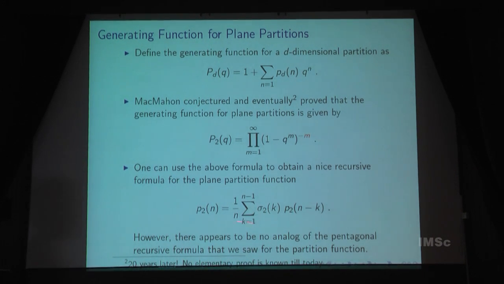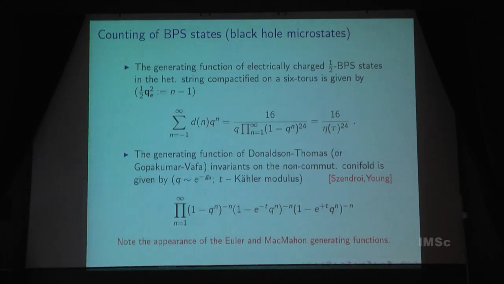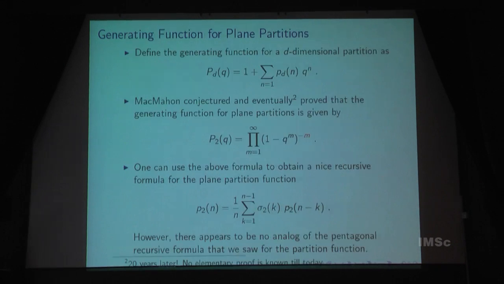Okay. But you can use this formula to write a recursion of this kind. It's a little bit of work, but this formula implies this. But there is no analog of the pentagonal recursive formula, because remember, it was sparse. It had only few terms, so this is not that efficient. By the way, for ordinary partitions we could also write this, except that I think this will become sigma 1. So it's a divisor sum.